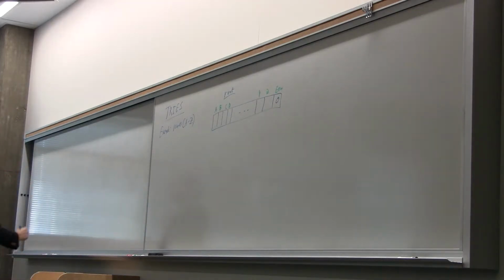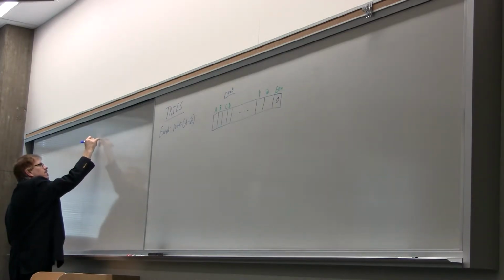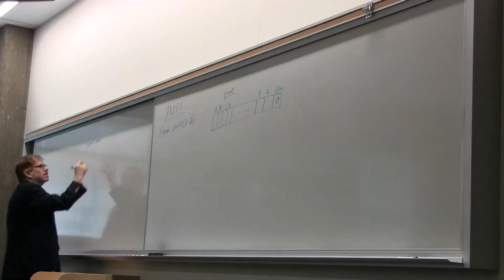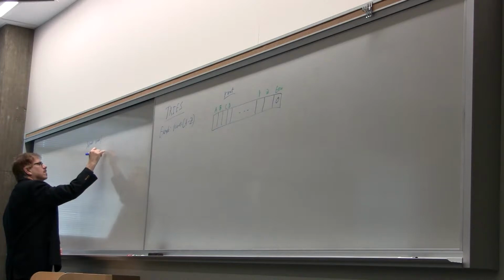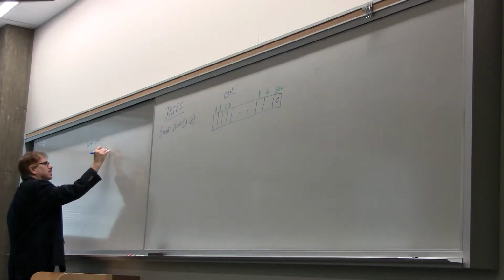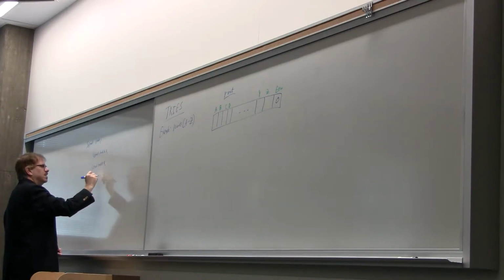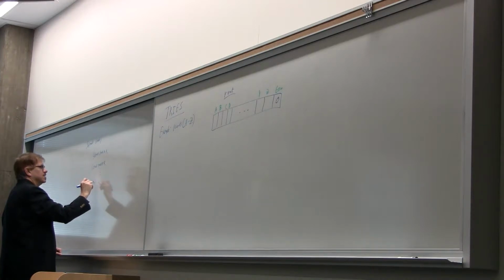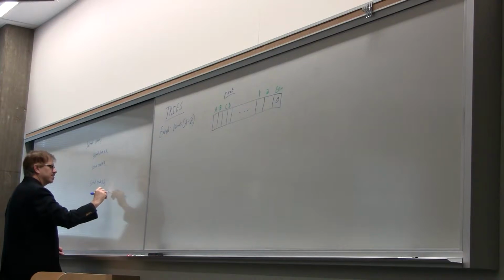So a structure for this might be something like structure T node, and I'm going to have 26 pointers, which I'm going to call A, B, and so on up through C, Z, and then an integer, EOW, which marks end of word.